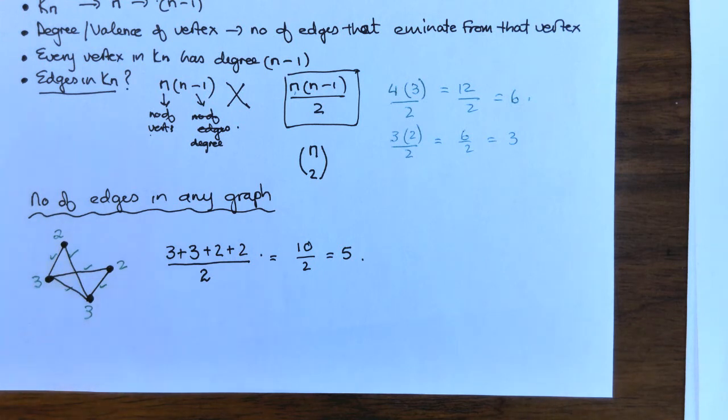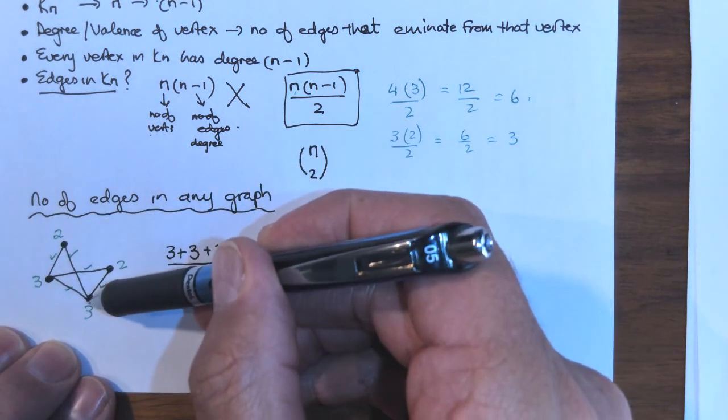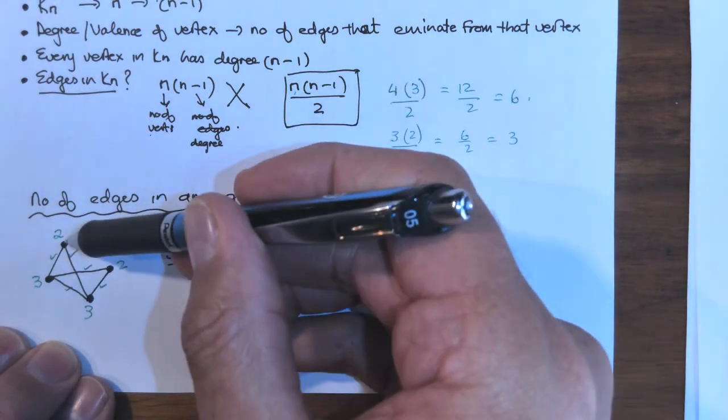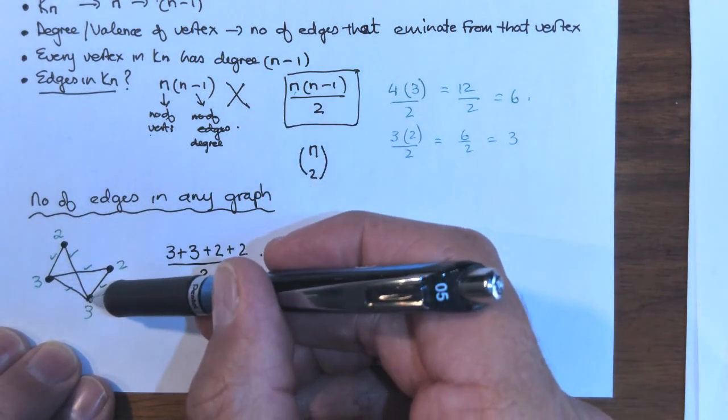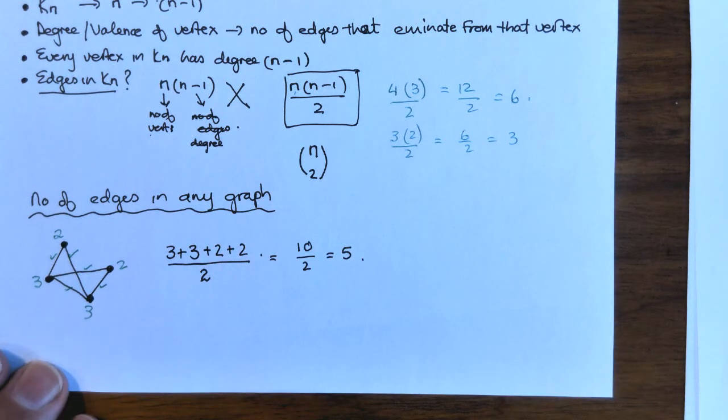Why does that work? Folks, because between each pair of vertices, this edge is counted twice. It's counted in the valence of that vertex, and it's counted in the degree of this vertex. So we've included each edge twice. So it makes sense to just halve the answer that we look for.